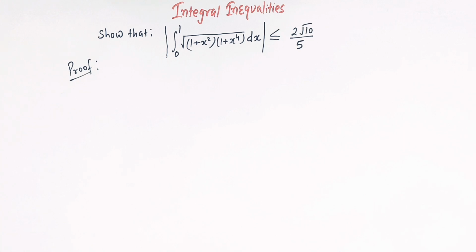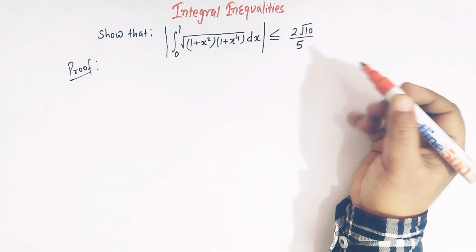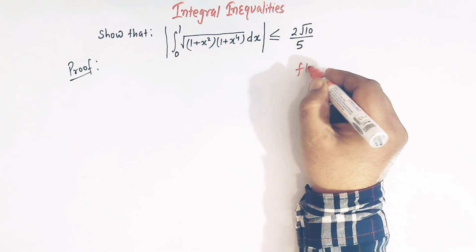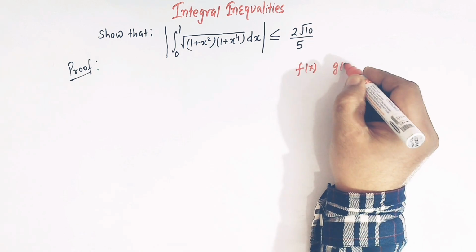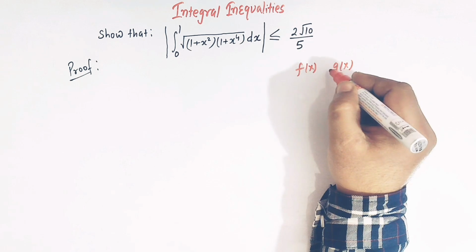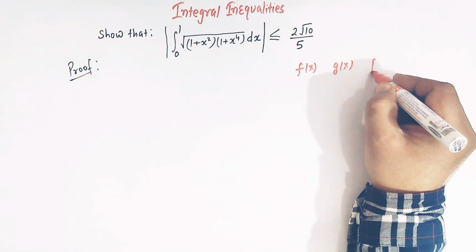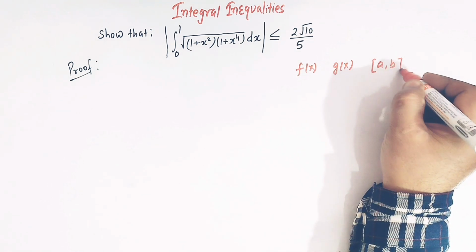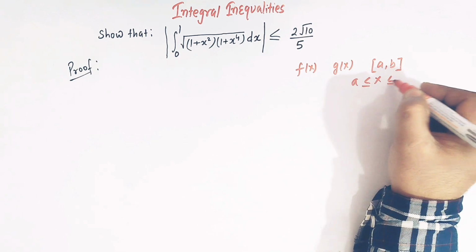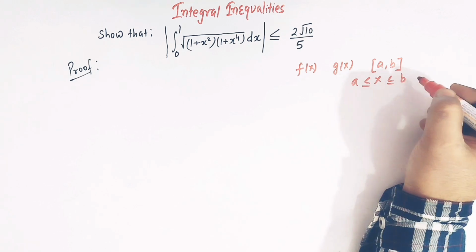Let us first see the statement of the Cauchy-Schwarz inequality. It states that if we have two functions, say f of x and g of x, and these two functions are integrable and continuous in the interval a comma b, we can also write it as x greater than or equal to a and less than or equal to b.